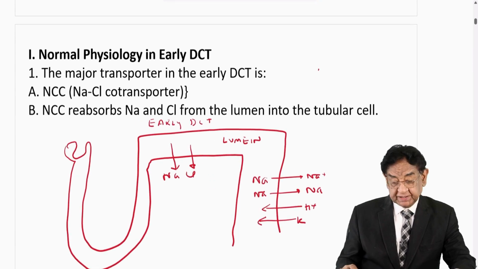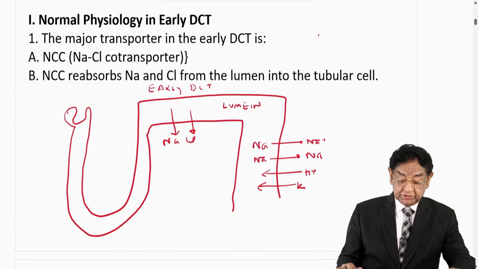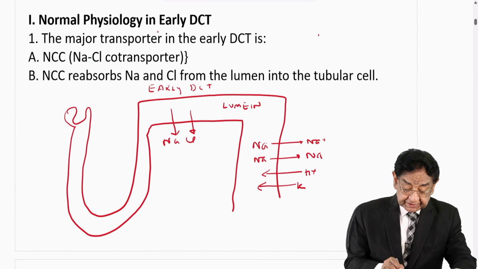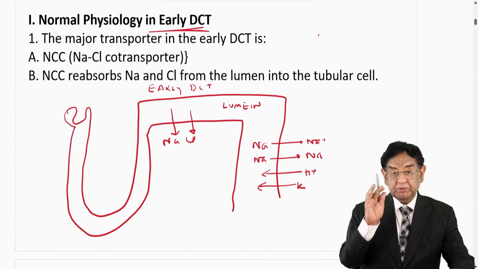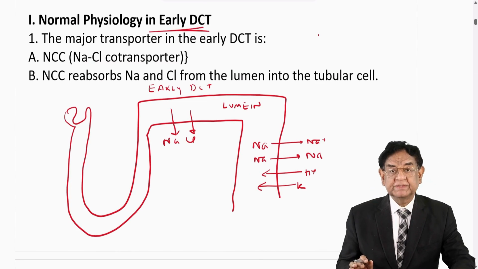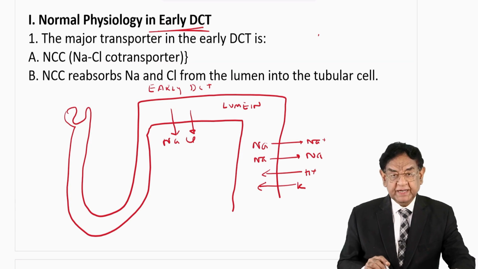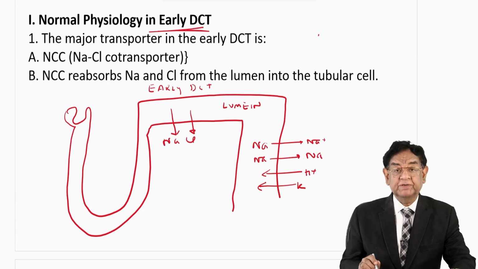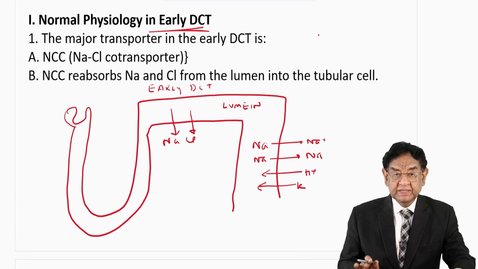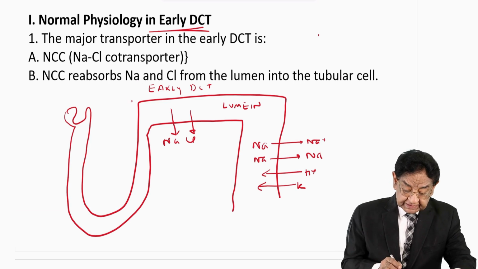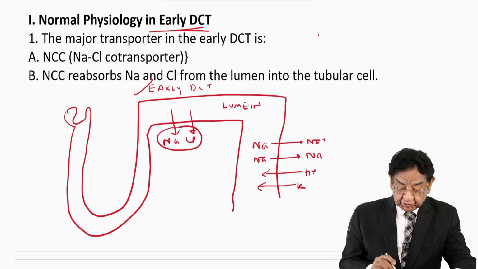So let's learn what is the normal physiology of the early part of DCT. Point to note, Gordon syndrome is part of early DCT. So I have made the horizontal part much bigger just to have clarity of the concept. So we can see this early DCT, and sodium chloride is absorbed here.